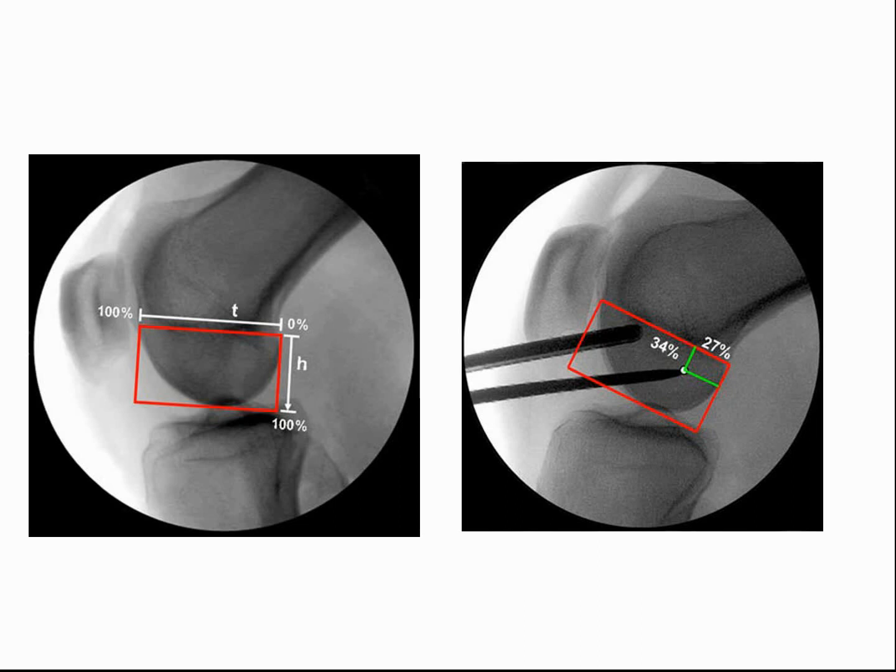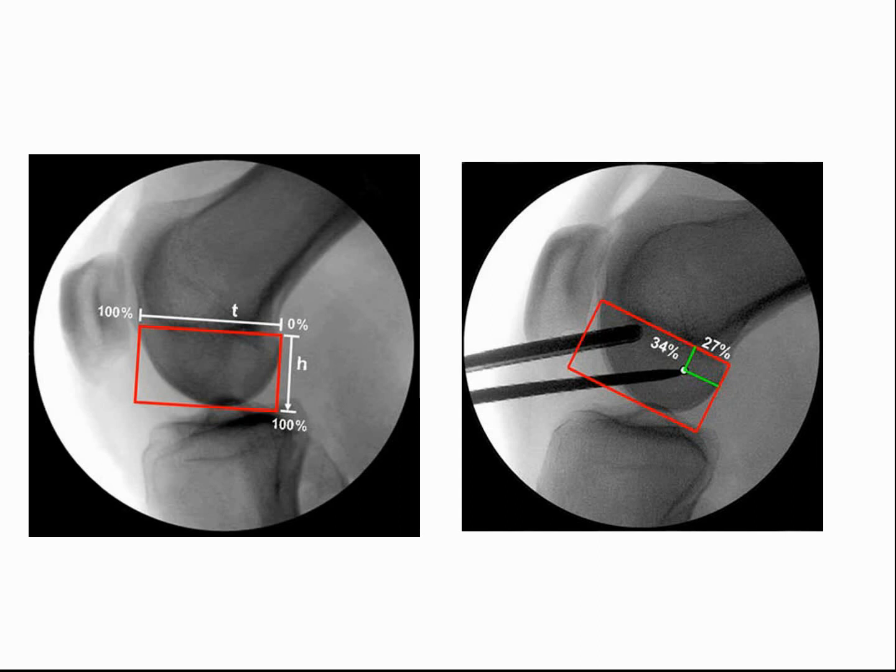Now, we have to draw a tangent to the roof of the intercondylar notch along the Blumensaat line. Then again we have to draw two lines perpendicular to the first line, one at the intersection of the tangent line with the shallow border of the lateral femoral condyle, and the other at the intersection of the tangent line and the deep border of the lateral femoral condyle.